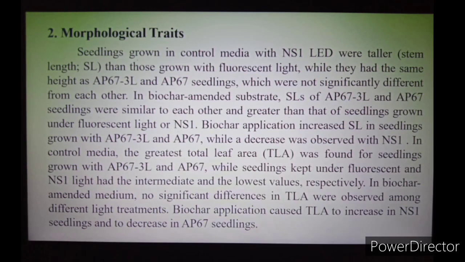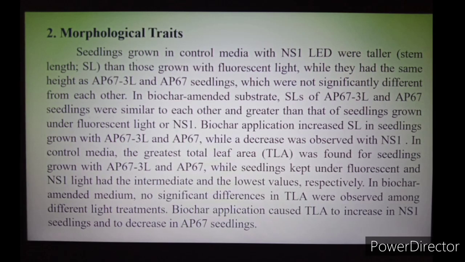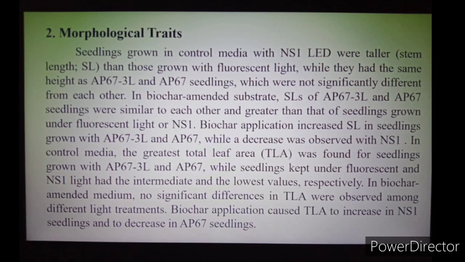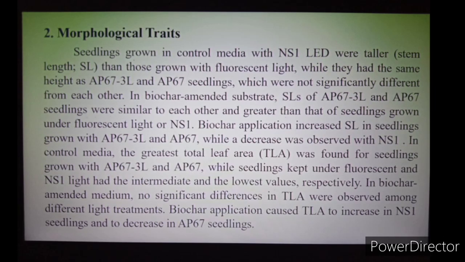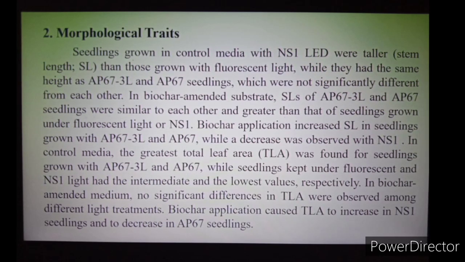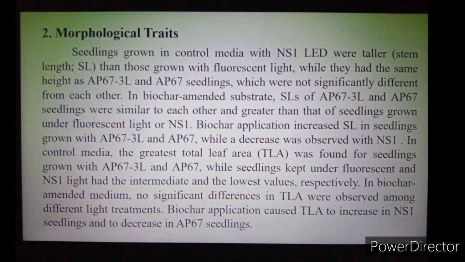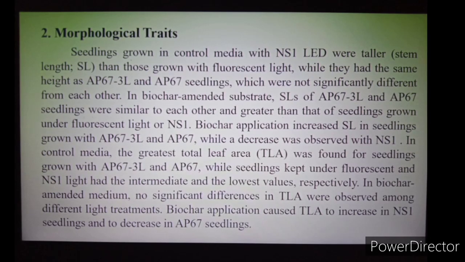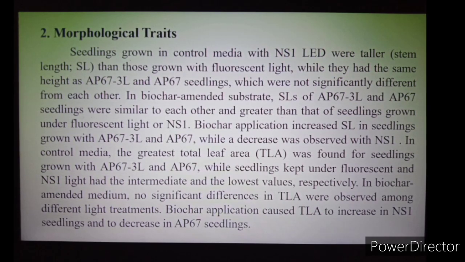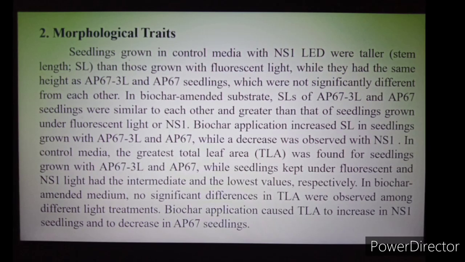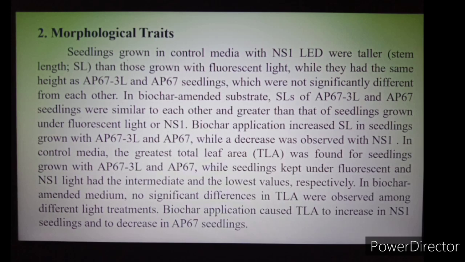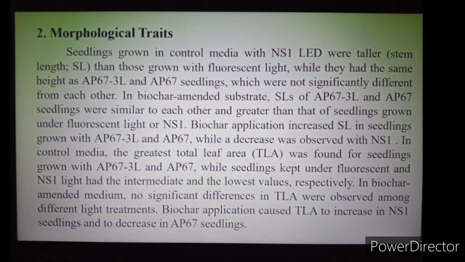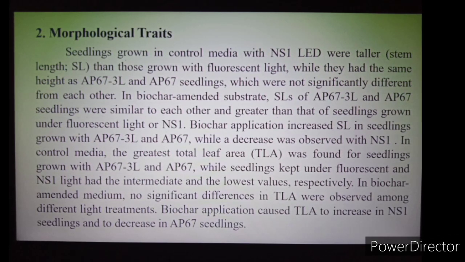In control media, the greatest total leaf area was found for seedlings grown in AP67 3L and AP67, while seedlings kept under fluorescent and NS1 light had the intermediate and the lowest values respectively.